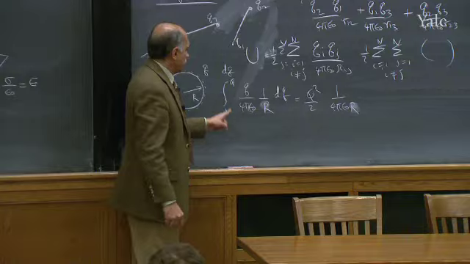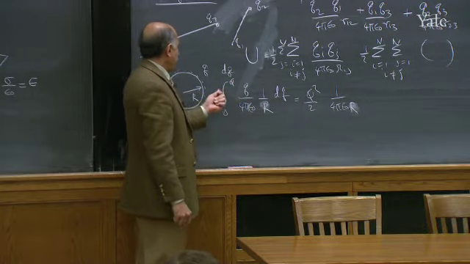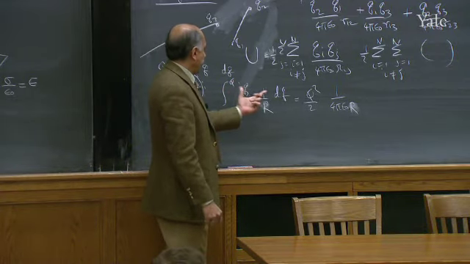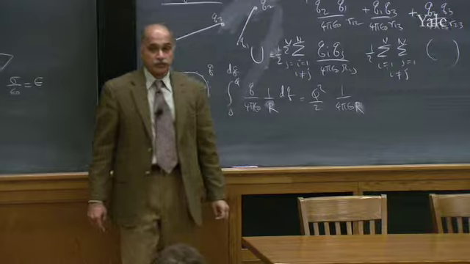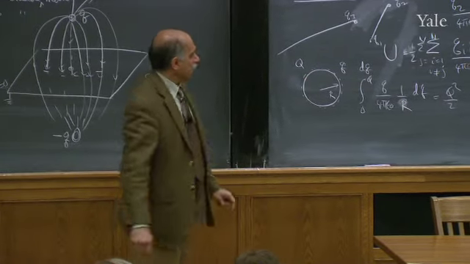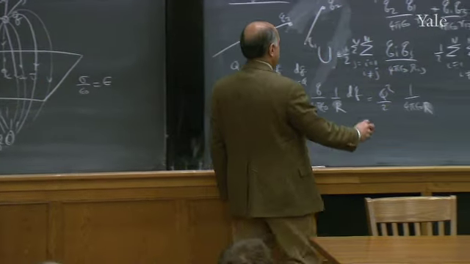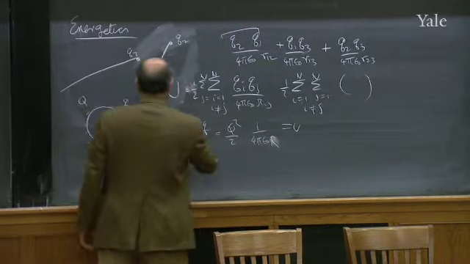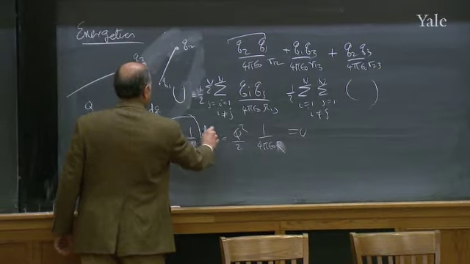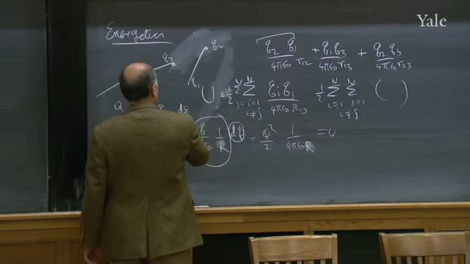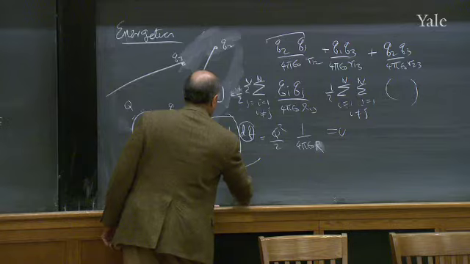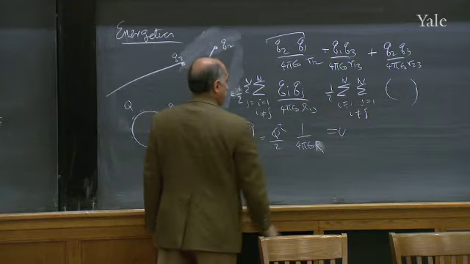That's opposing you with this potential. You work against that by bringing dq from infinity, and then you integrate it, you get q squared over 2. So this is a good problem to explain the difference between potential and energy. This is the potential. And this is the charge I brought from infinity, and that together is a dU, and the integral of the dU is my total U.